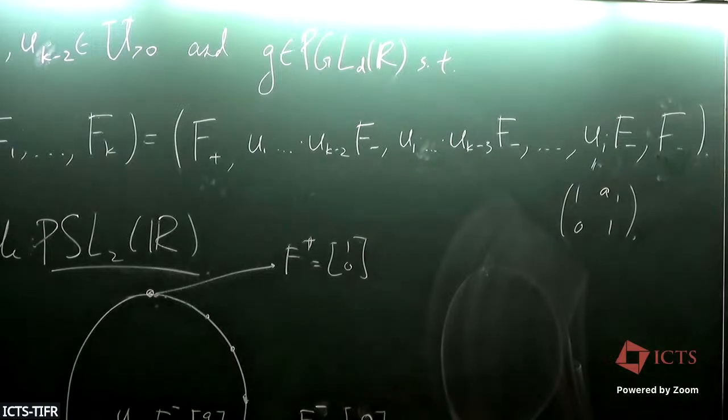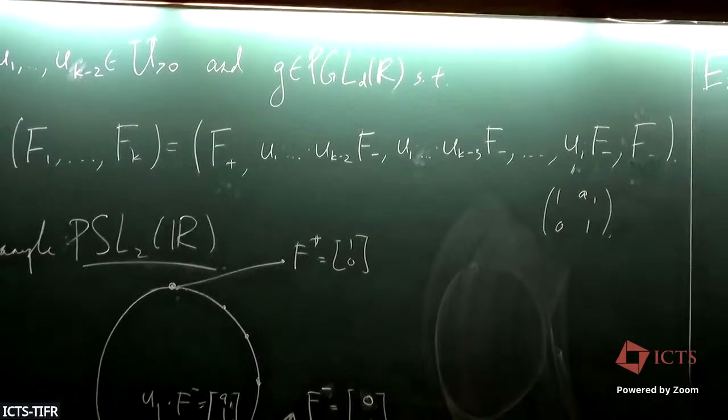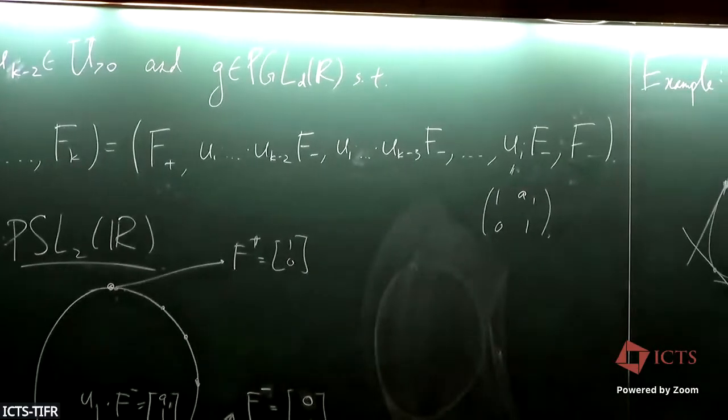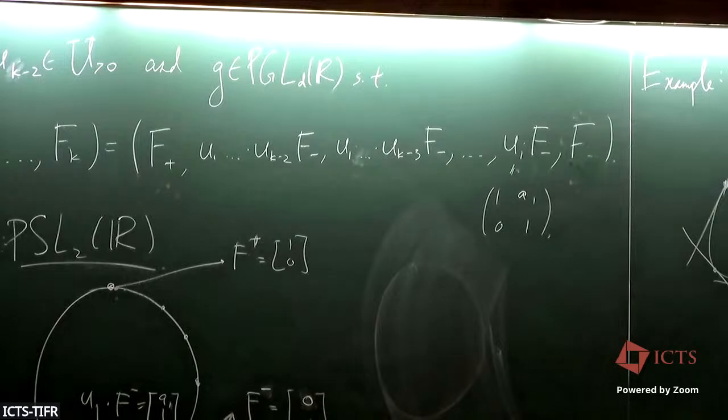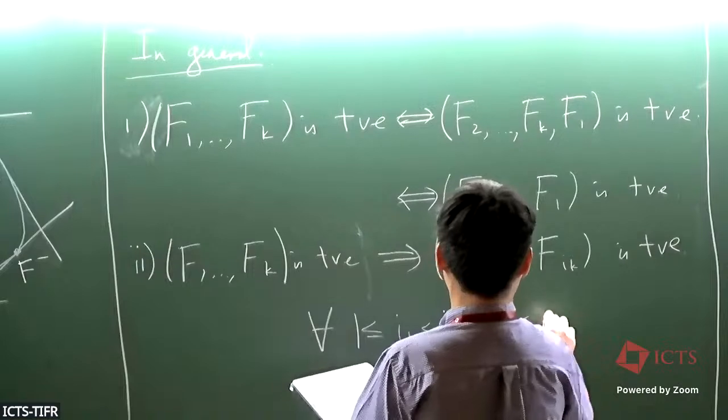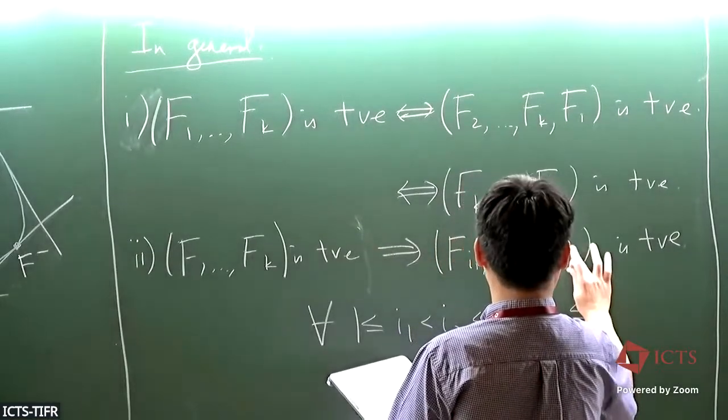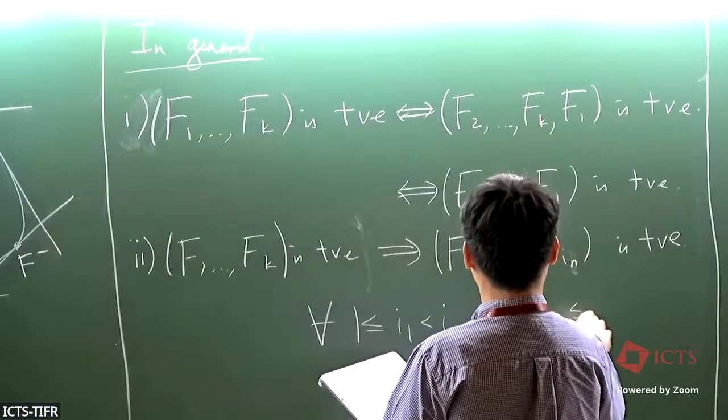The second property is that positivity is preserved by taking a subsequence of your k-tuple. So F1 to Fk is positive implies that F_{i1} to F_{ik} is positive, for any 1 less than or equal to i1, less than i2, less than ik, less than or equal to n, less than or equal to k.